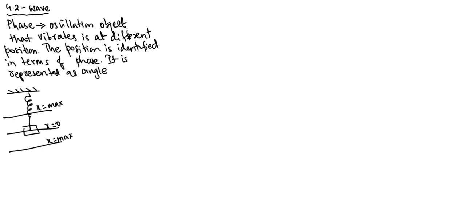If the object starts oscillating from this point, goes up to maximum, then comes back to equilibrium, then comes down and goes back here, we all know that this is one oscillation, right?